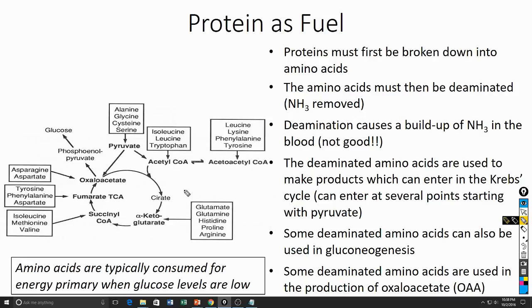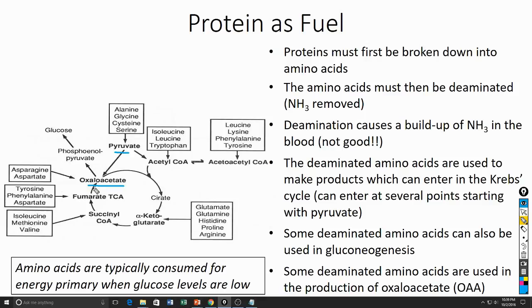All these different amino acids, they all enter the Krebs cycle at different points. So we see here alanine, glycine, serine, they all go to pyruvate. But asparagine and aspartate go to oxaloacetate. And if it's entering at different stages, you're going to get different energy yields out of it, right?